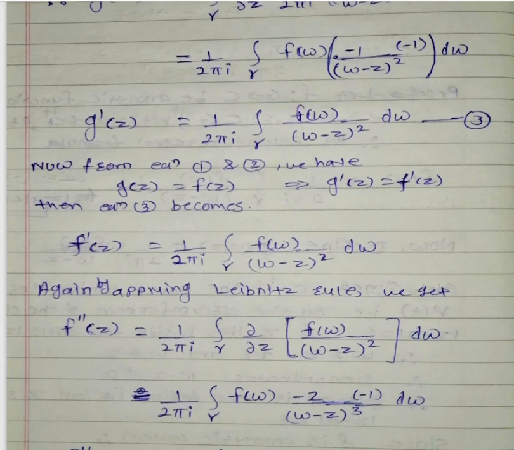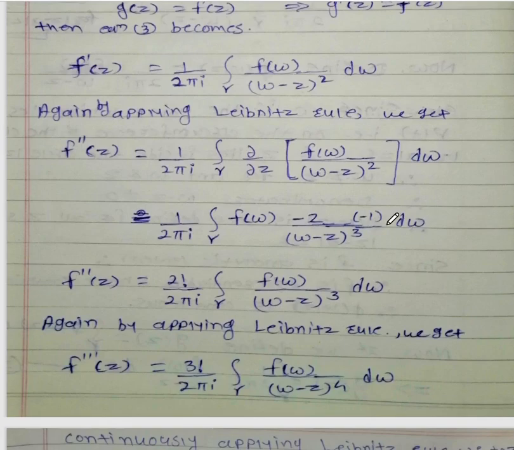So in this way, 2 into minus 1, minus 2 minus 2, can be written as 2, or as 2 factorial, upon 2 pi i integral over gamma f of w upon (w minus z) to the power 3 dw. In this way we get the second derivative of f of z.